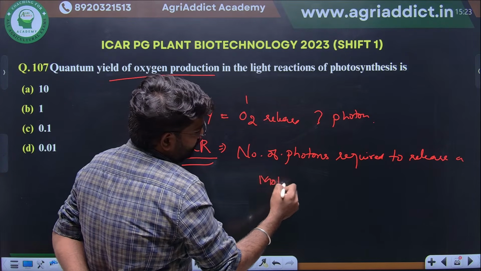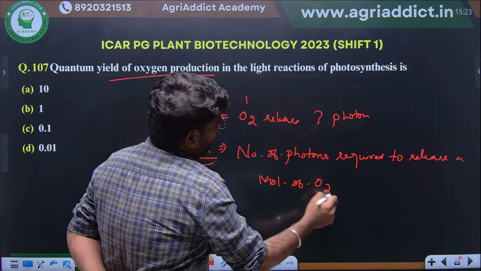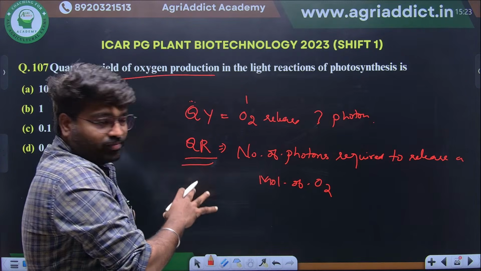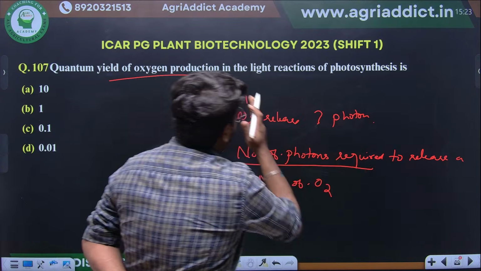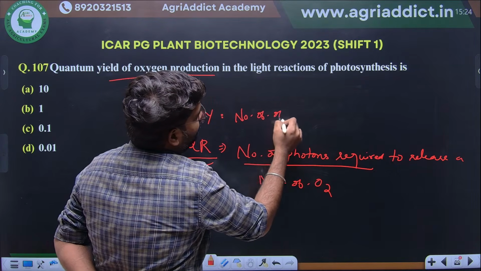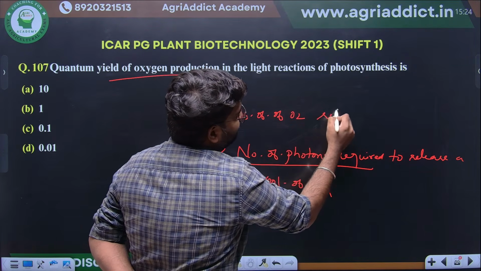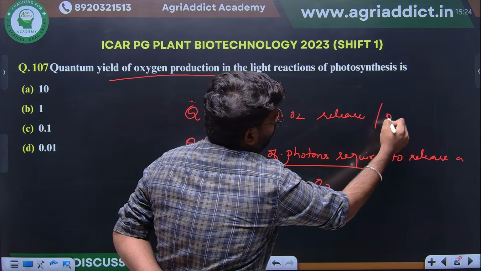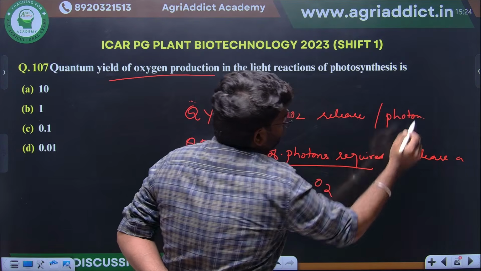Quantum yield means the number of oxygen molecules released per photon. Clear?